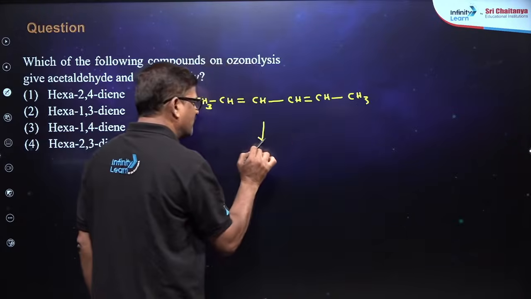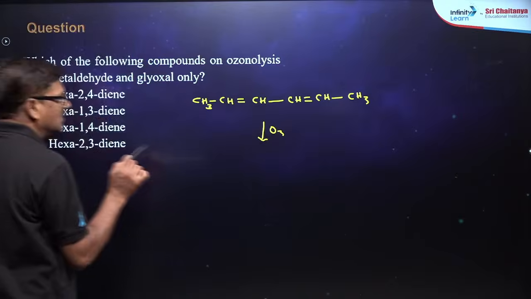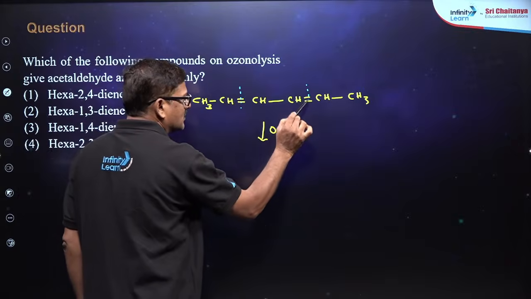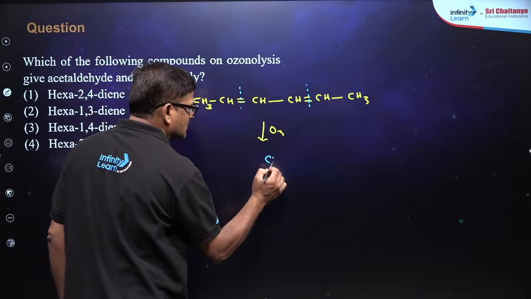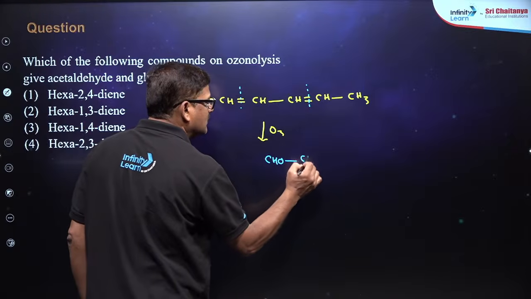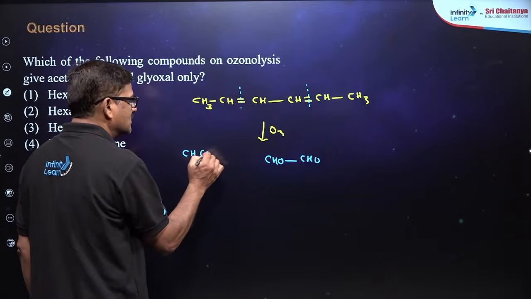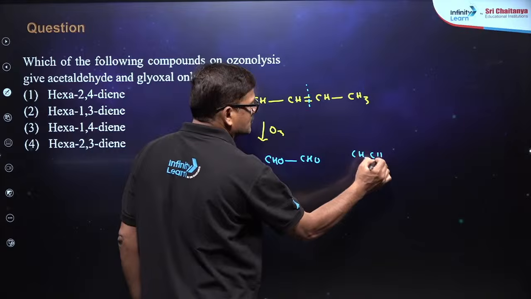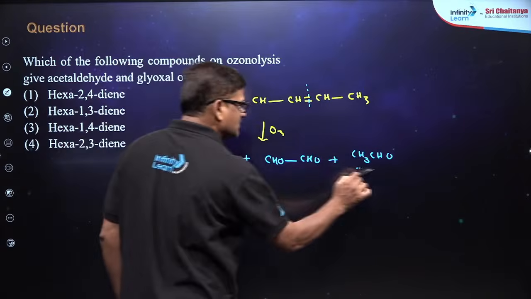If you subject it to ozonolysis, you are going to get this part converted into glyoxal, CHO-CHO, and the other parts are going to be CH3CHO, CH3CHO.